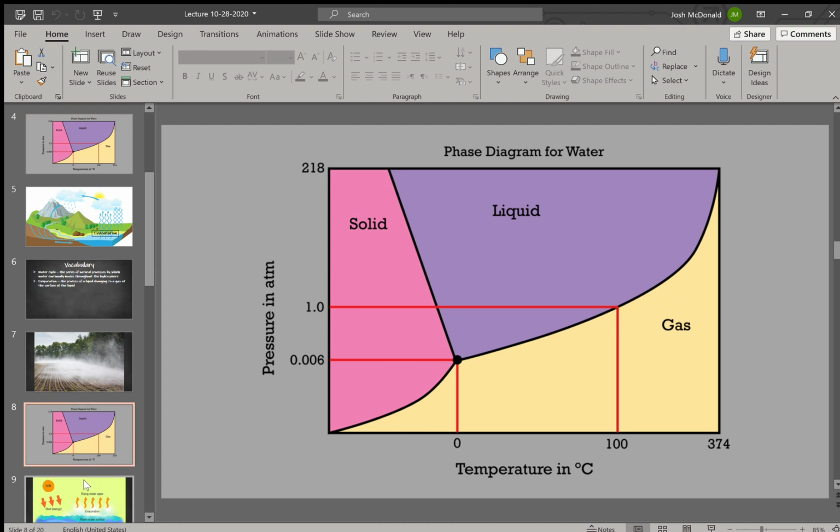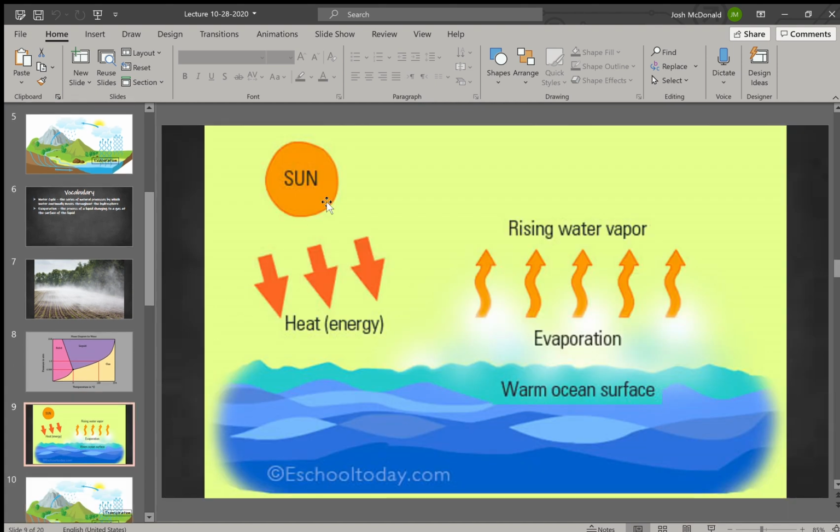Evaporation. So here's what happens in nature. You have the sun providing that heat energy, and then you have here the ocean or a lake, or sometimes even the moisture in the soil, rivers, and that water at the surface takes in that energy and breaks away and becomes that rising water vapor that you see.